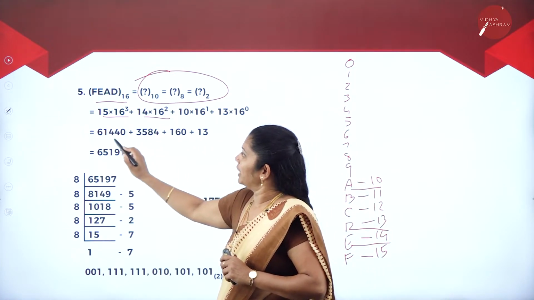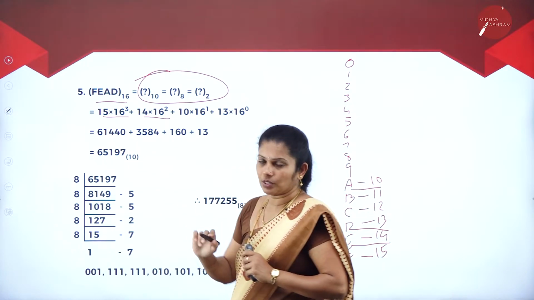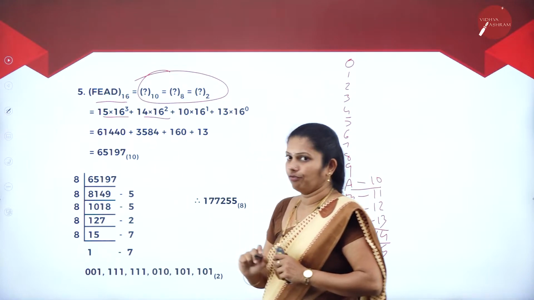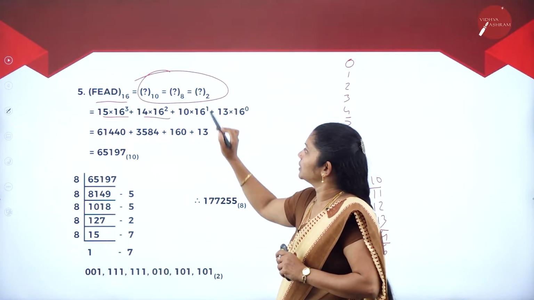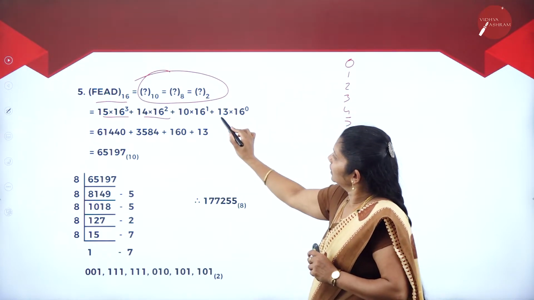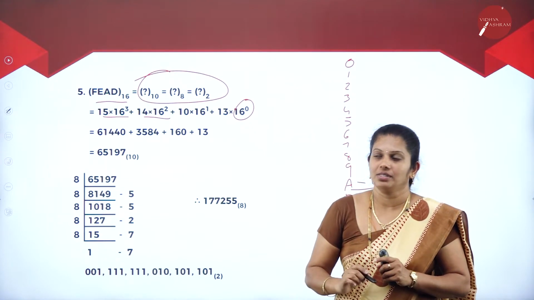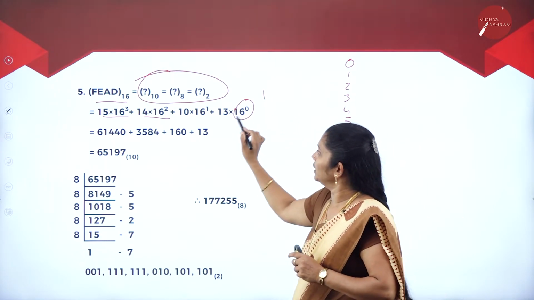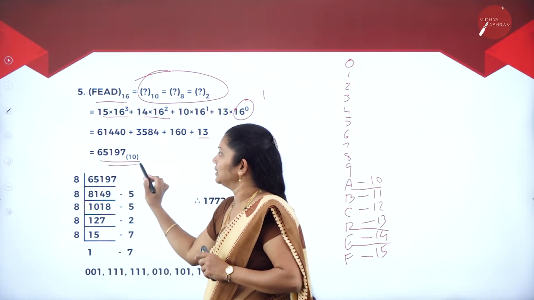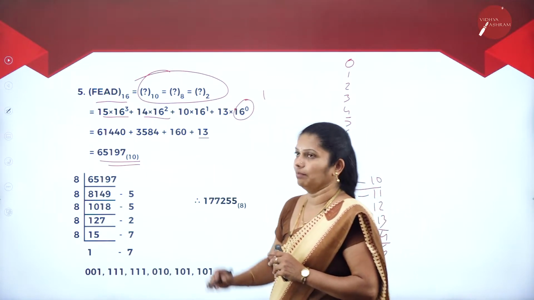Then when we perform the calculation, 15 into 16 cube, we get 61440, plus 14 into 16 square, 3584, plus 10 into 16 to the power of 1, then 160. Then here 13 into 16 to the power of 0. Any number if the power is 0, then the value is 1. 1 into 13 is 13 only. Then when you add, we get the result 65197 as a decimal number.